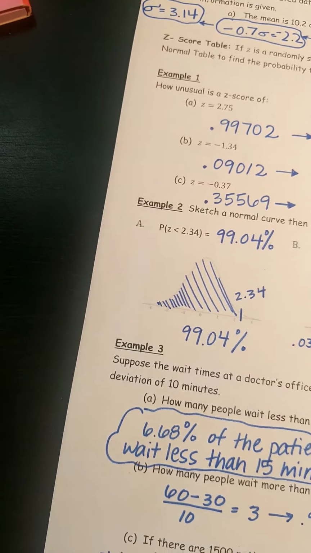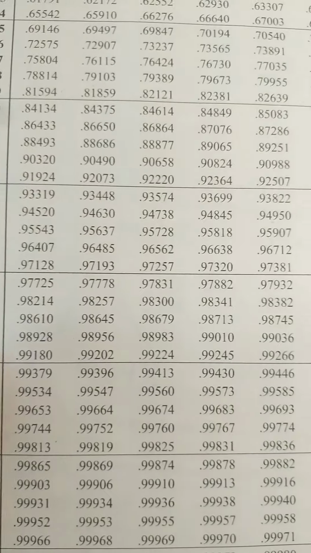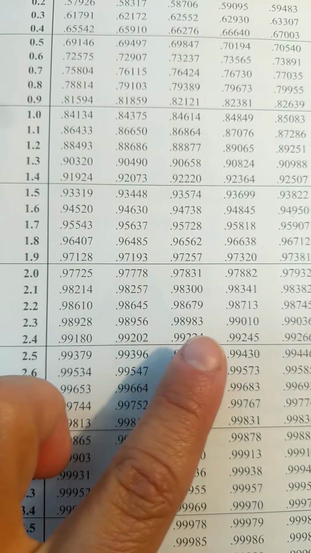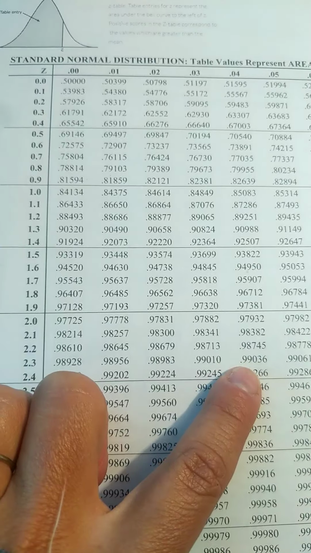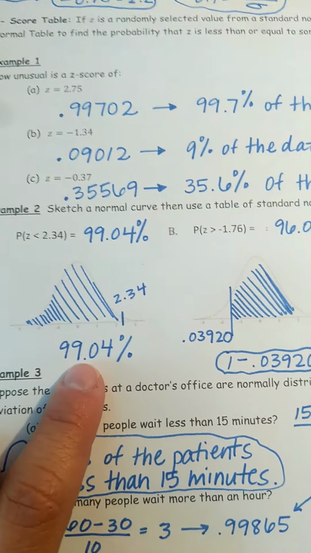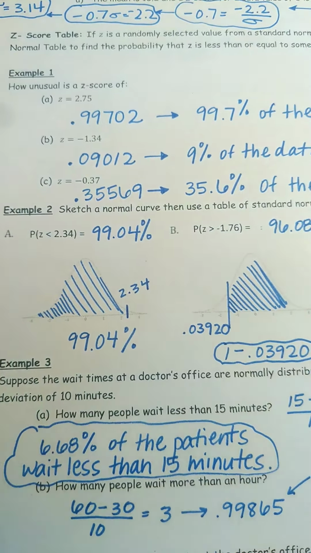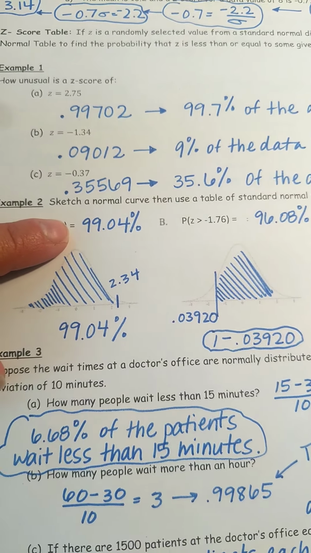So I come over to my standard normal table, 2.34. There's 2.3. Go over to 4. I get 0.99036, which I rounded to 0.99. Now, it always gives us below, so that's just straight up our answer, 99.04%.